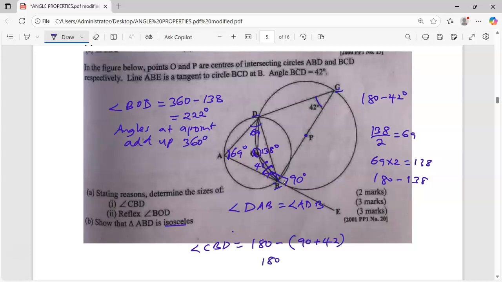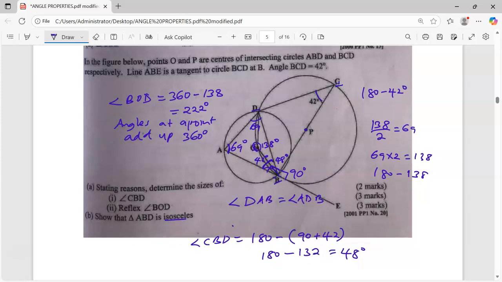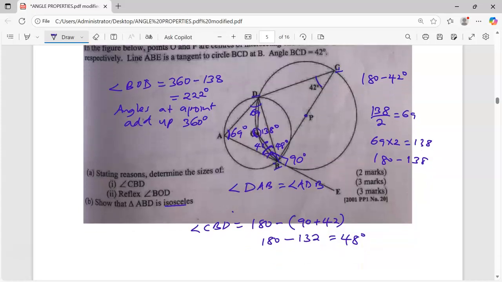This one is going to be 180 minus 90 plus 42, which will give us 132. And this one is going to give us 48 degrees, which is the angle at this point here. The size of the angle in question is going to be 48 degrees. The reason we can give here is that angles on a straight line add up to 180 degrees.